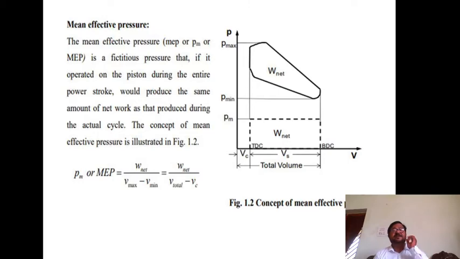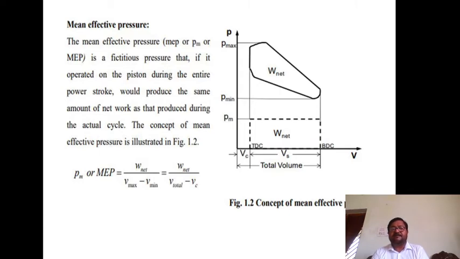Minimum volume is the clearance volume. Maximum volume is the total volume V, so V minus Vc is the stroke volume. In other words, after burning some quantity of fuel inside the engine cylinder, the pressure and temperature increase.